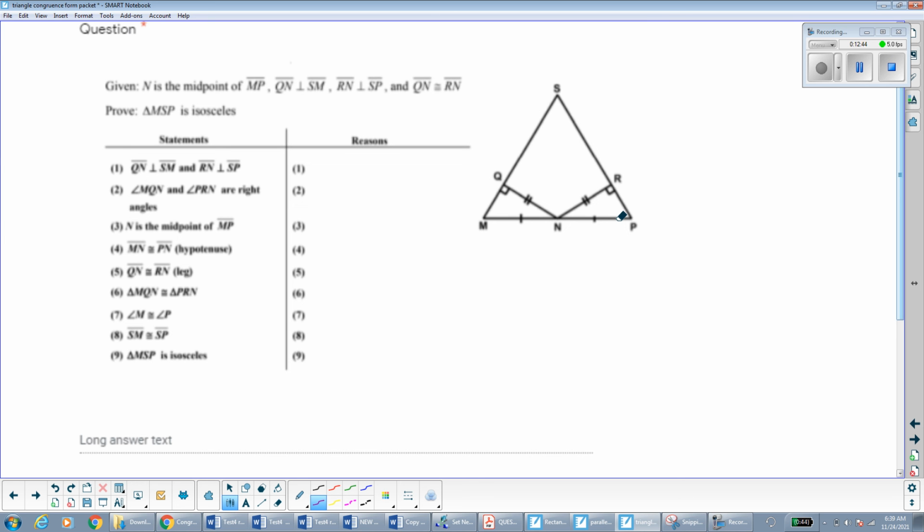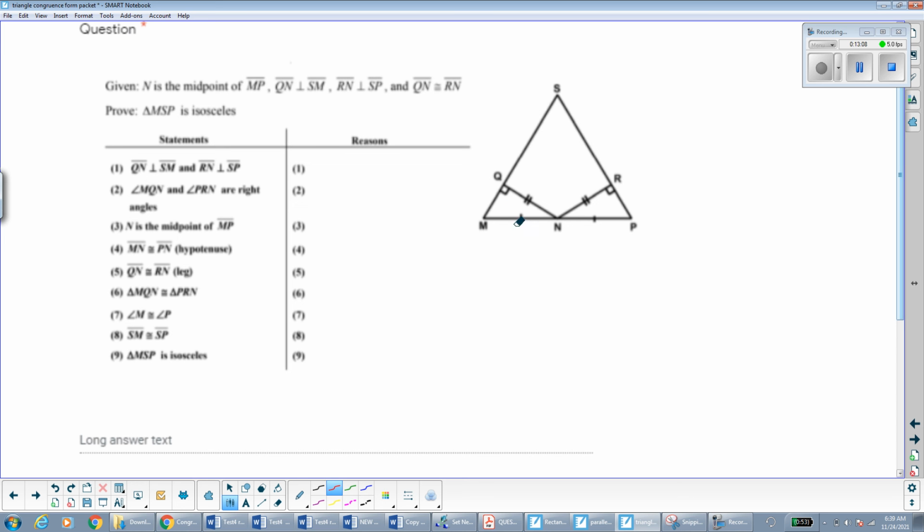So our goal is going to be to show that the big triangle has two congruent sides. Let's figure out how we're going to do that. So I see two triangles, two smaller ones in my diagram, and they're both right triangles. In these two right triangles, we have congruent hypotenuses and a pair of congruent legs. So already I'm seeing that these triangles can be congruent by HL.